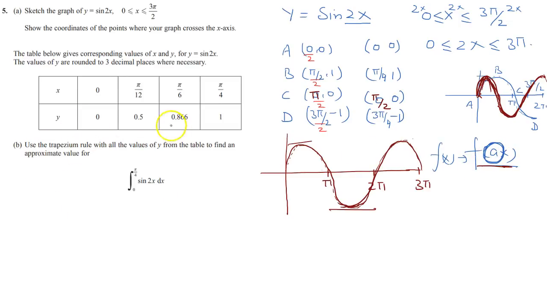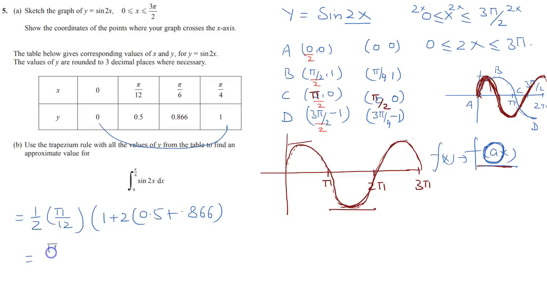Now the second part is we have to use the trapezium rule. So the trapezium area will be half multiply h. H is pi over 12 minus 0. So that is pi over 12. Then the sum of extreme values, 0 plus 1 is 1, plus 2 multiply 0.5 plus 0.866.